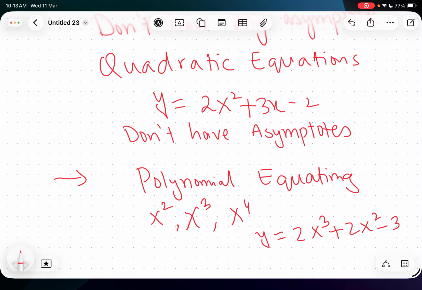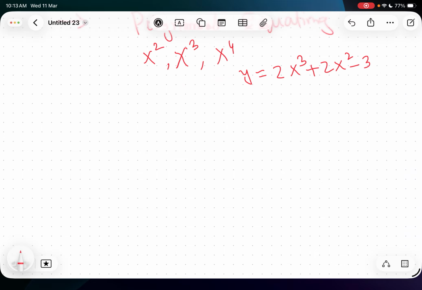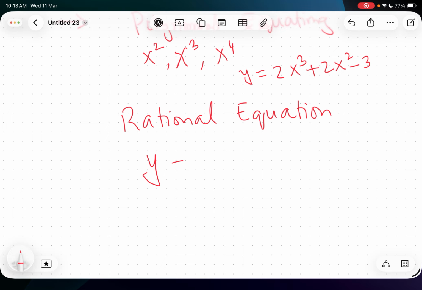Now, what type of equation is left that will have an asymptote? We are only left with the rational equations, where we'll have the asymptote. A rational equation will look like this. For example, y equals 3 over x minus 2.